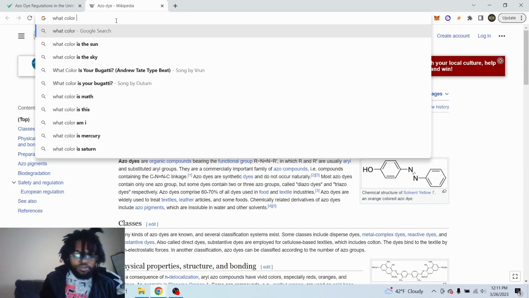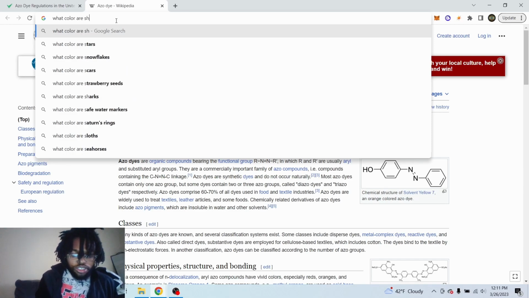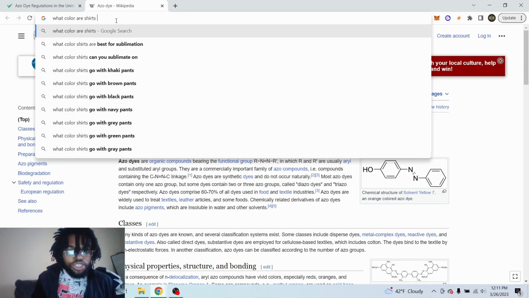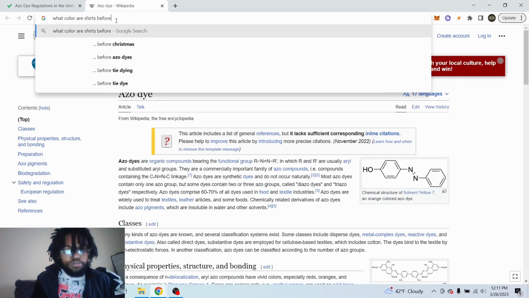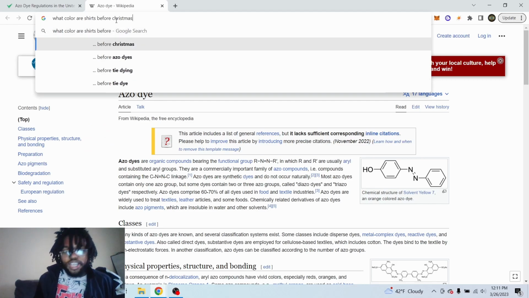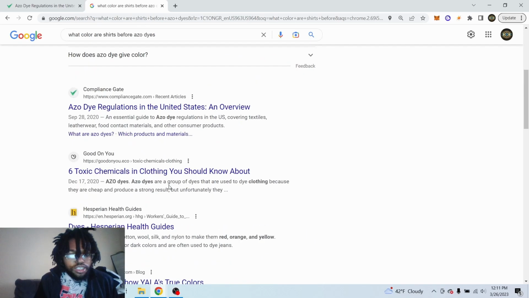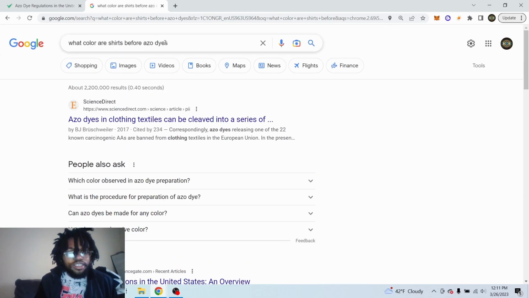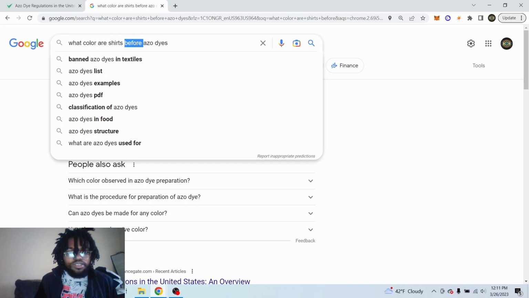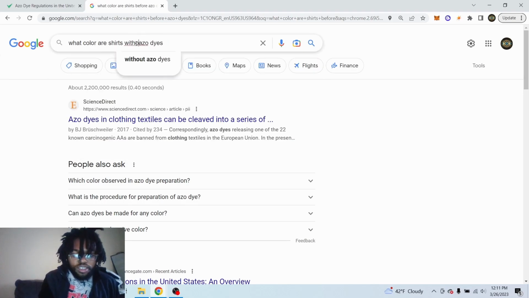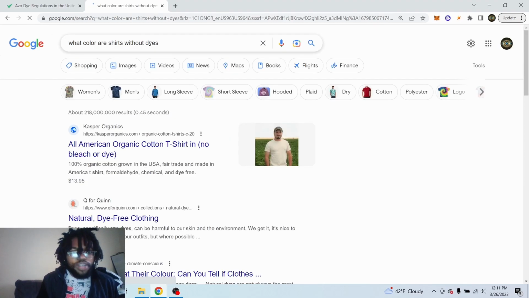What color are shirts before azo dyes? You've been paying attention, huh? Search bar. Okay. What color are shirts without dyes? I'm just gonna look at without dyes.